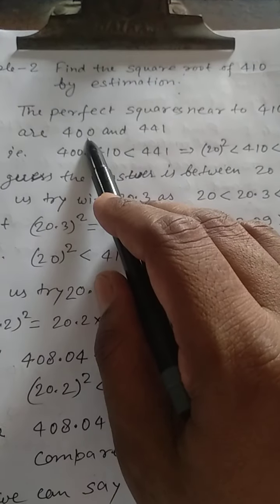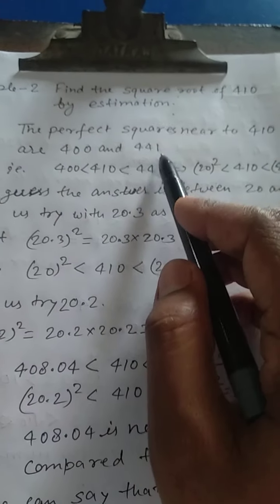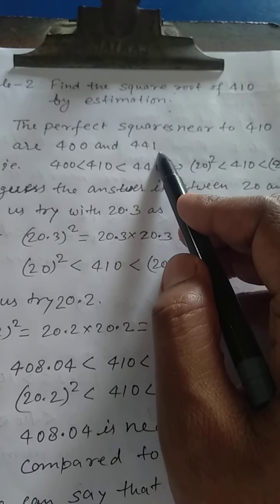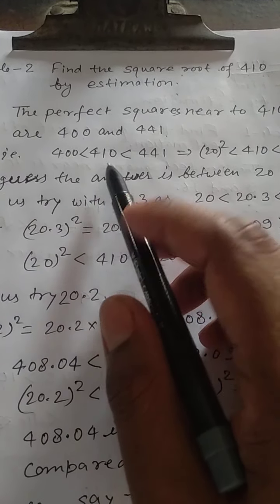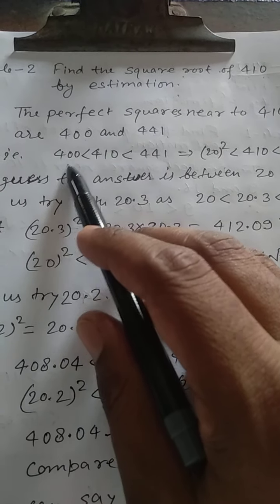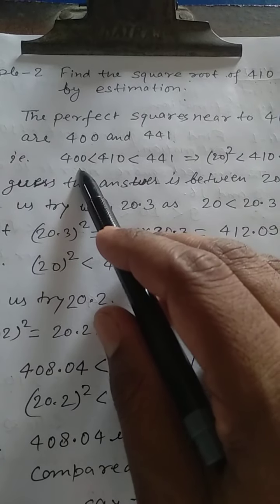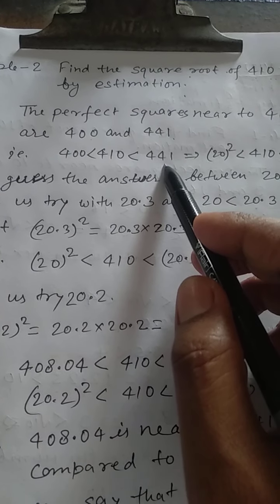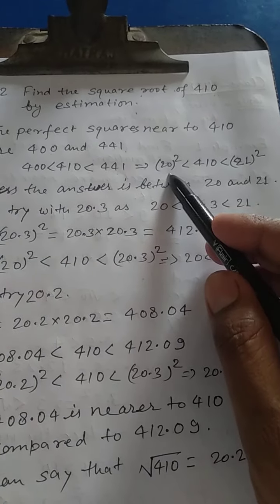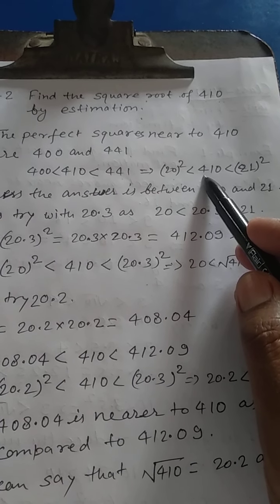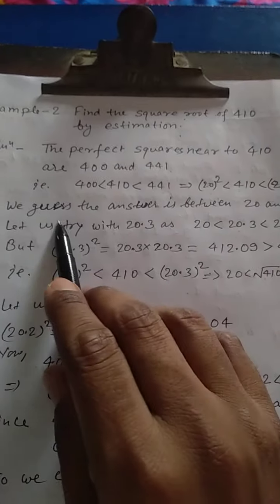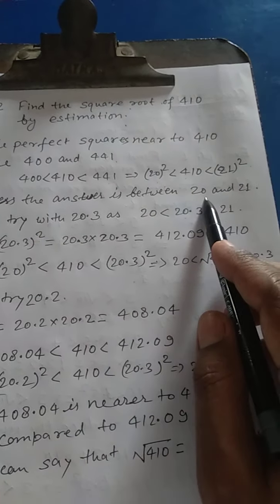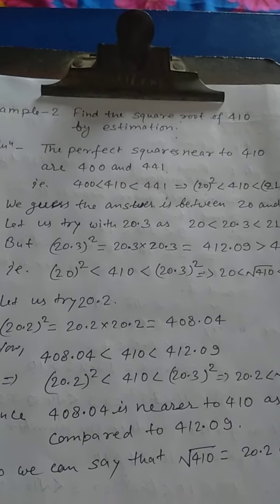You know 400 is a perfect square and 441 is also a perfect square, and 410 is in between 400 and 441. So you can write 20 square is less than 410 and it is less than 21 square. So we guess the answer is between 20 and 21 first.